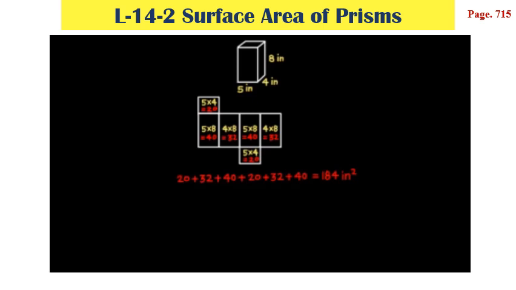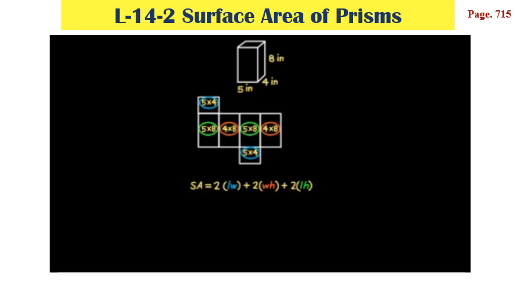That means the surface area of the rectangular prism is 184 square inches. There is another way to find the surface area of a rectangular prism. We can use the formula surface area equals 2 times length times width plus 2 times width times height plus 2 times length times height.